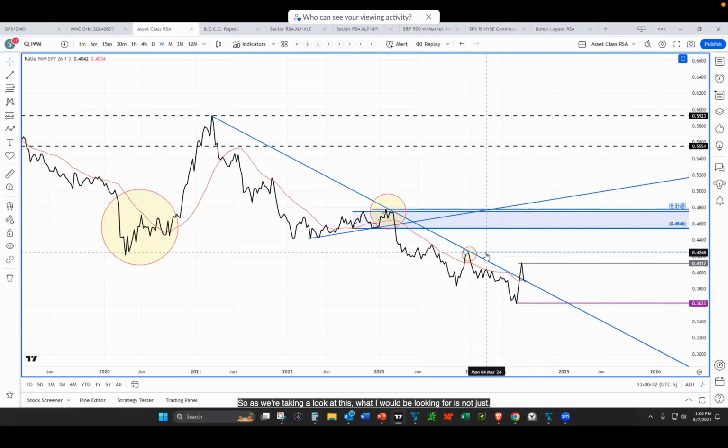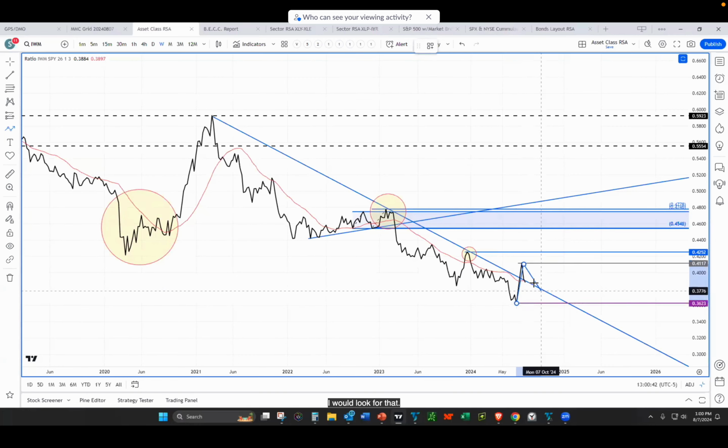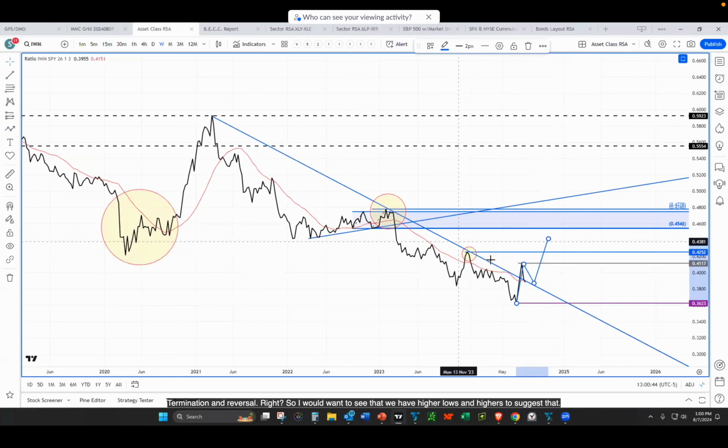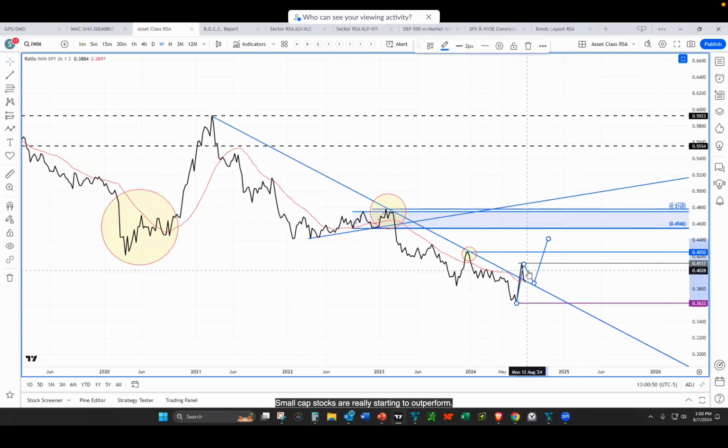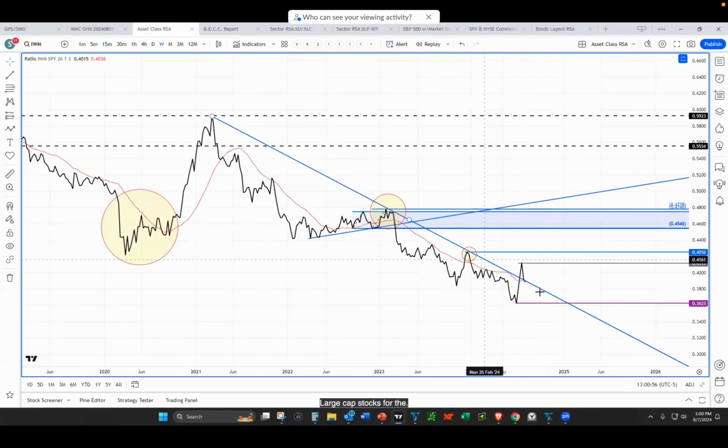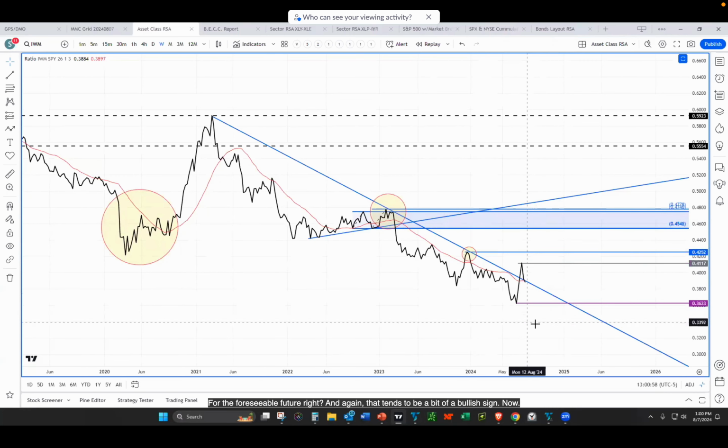So as we're taking a look at this, what I would be looking for is not just the termination of that trend line, but like we were talking about in the bond side of things, I would look for that termination and reversal, right? So I would want to see that we have higher lows and higher highs to suggest that small cap stocks are really starting to outperform large cap stocks for the foreseeable future, right?